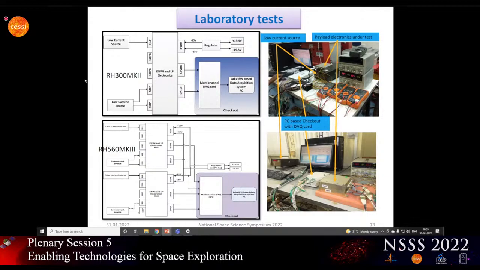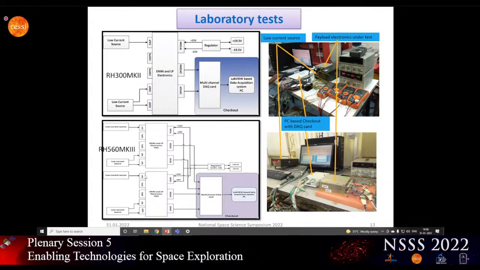We use the low current source for testing each of the channels, and the output is taken as a 0 to 2.5 volt range to a multi-channel data acquisition card and an in-house developed LabVIEW-based software, which forms a checkout and gives a response to whatever is given through the current. Thus, we can totally characterize the electronics in the laboratory level test.